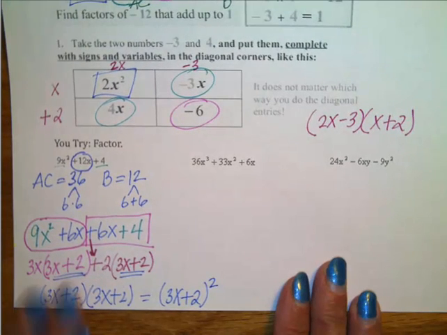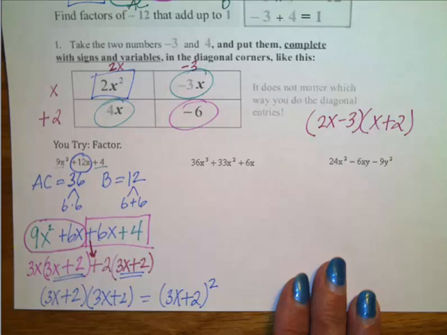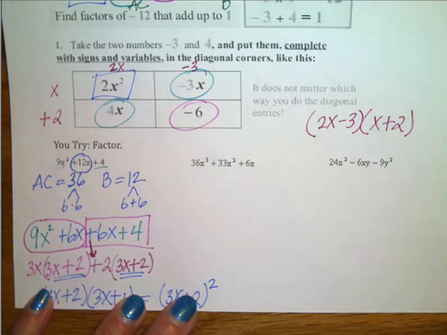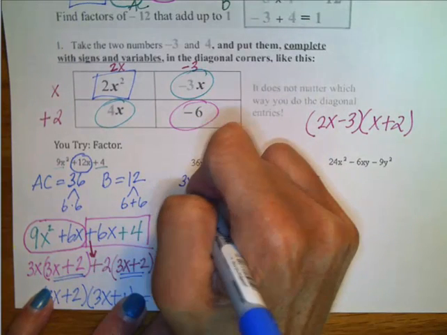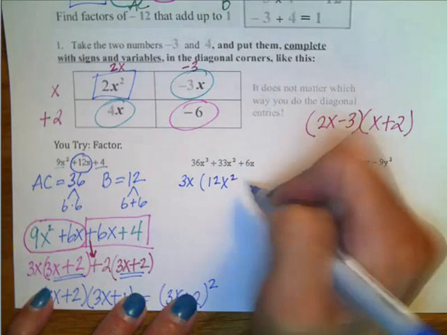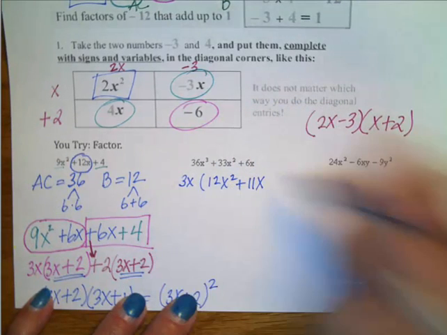This is the method I prefer, the grouping method, but you may use the box method. So in the next example, I notice right away that they are all divisible by 3 and x. So first I'm going to take out 3x. So I get 12x squared plus 11x plus 2.